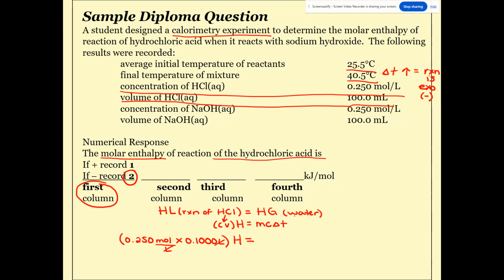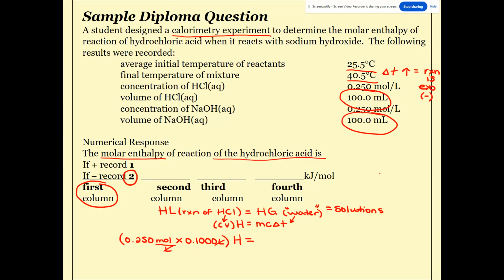Now on the right hand side, I'm again doing everything about the water. The water again being the solutions. That's what the solutions are. Okay? So my total amount of solution is my total amount of water. I had 100 milliliters of HCl mixing with 100 milliliters of sodium hydroxide. So in total, I have 200.0 milliliters of my solutions, which is my water. So that is equivalent to 200.0 grams of water.